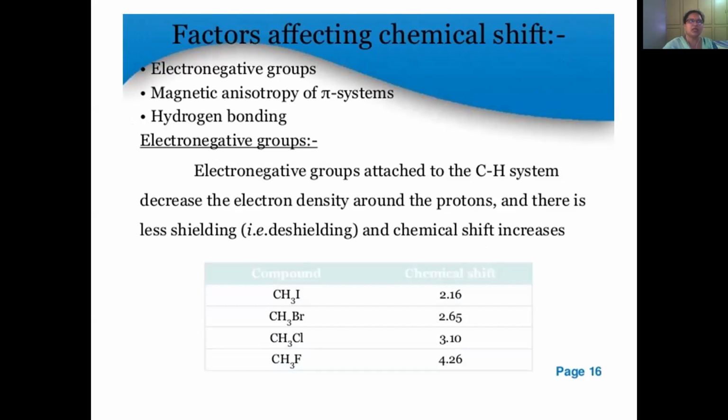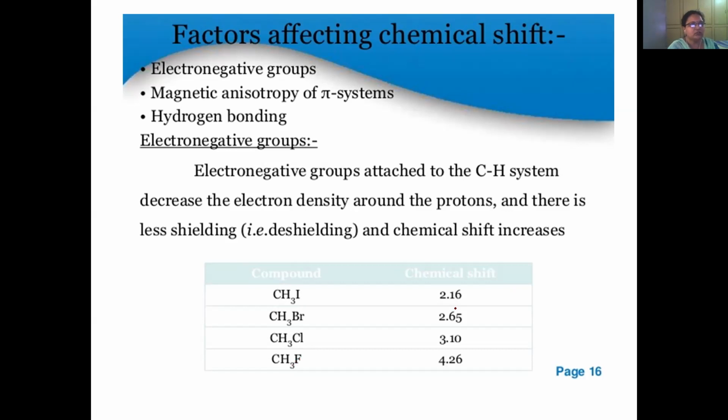The first is electronegative groups, then magnetic anisotropy of pi systems, and then hydrogen bonding. Electronegative groups attached to the carbon-hydrogen system decrease the electron density around the protons, so there is less shielding and the chemical shift increases. You can see the table given below: CH3I, CH3Br, CH3Cl and CH3F.